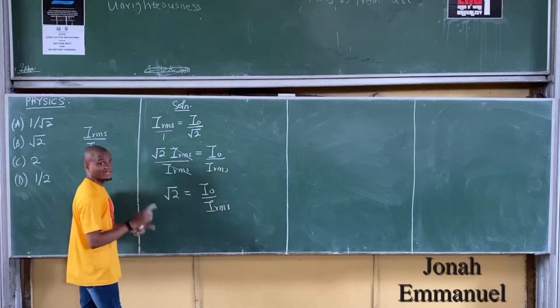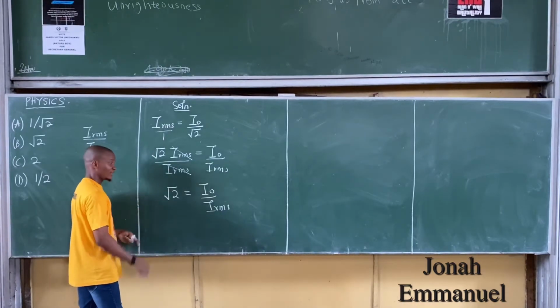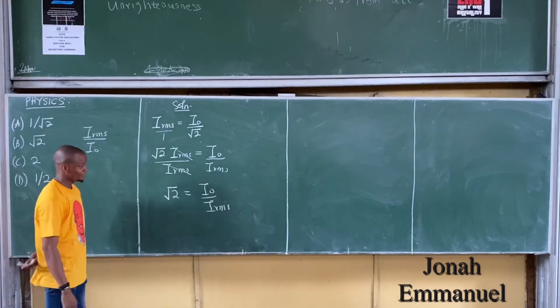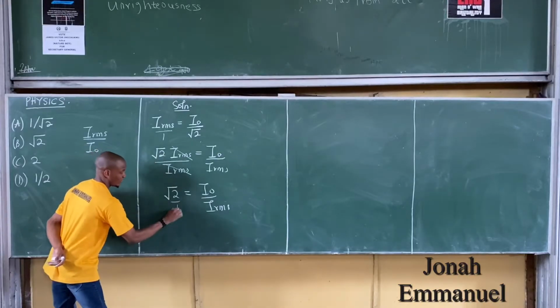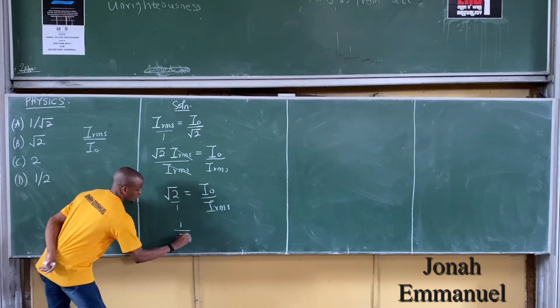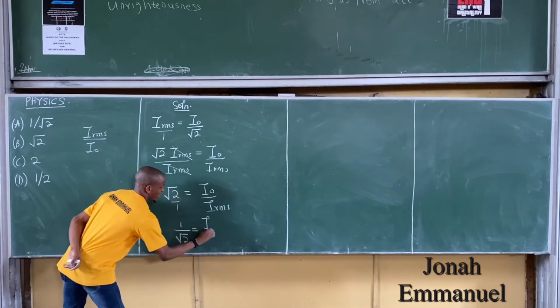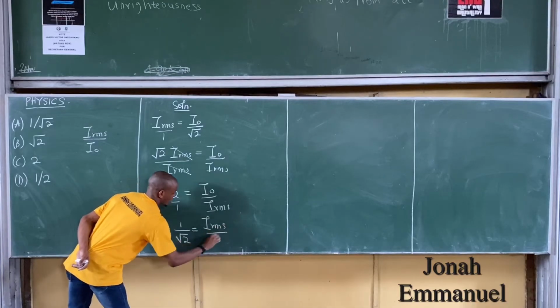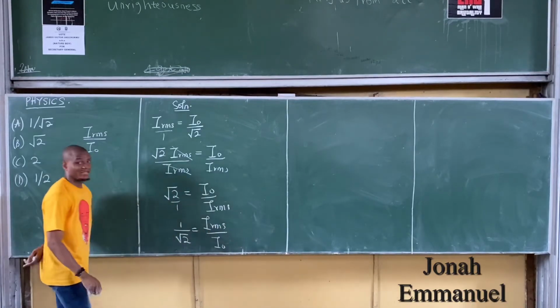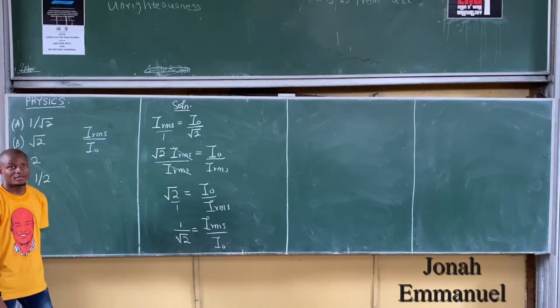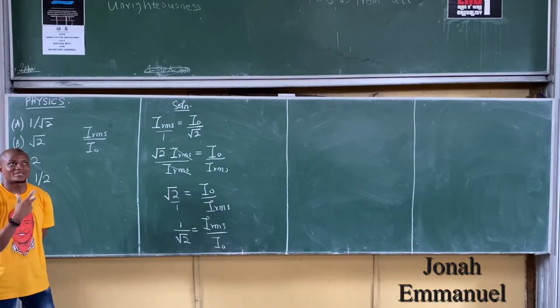Take inverse, and what do you have now? 1 over root 2 is equal to I RMS all over I naught. So what's the answer there? A.